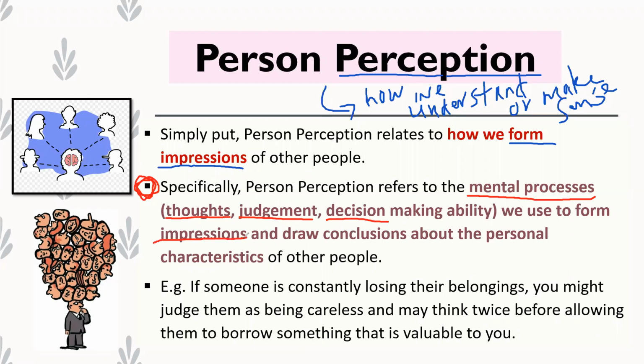And when we form impressions about other people, it also leads us to conclude who that person is or what that person is like, okay? And usually when we make a conclusion about what a person is like, we're judging some element of their personal characteristics, which in other words could be referred to as their personality, okay?